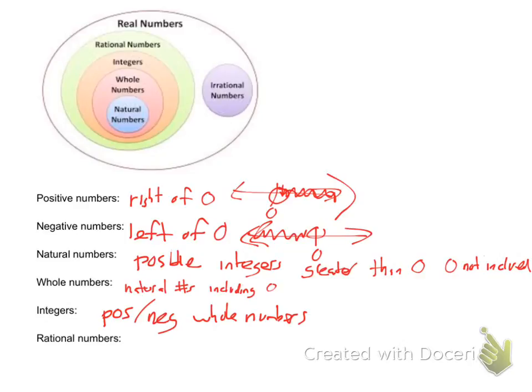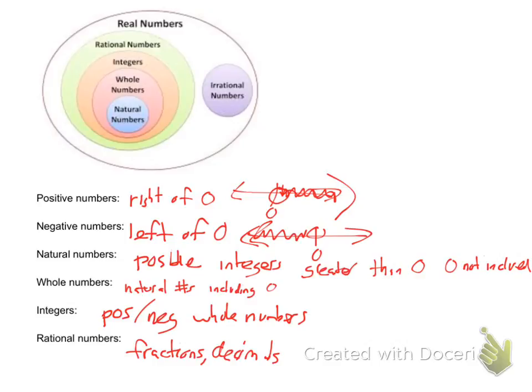So rational numbers, we sometimes say, hey, those are fractions, decimals. Now, when we say decimals, they have to be of two types. They either have to repeat, so like 1/3, 1 divided by 3 is 0.33333333333, goes on forever, right?